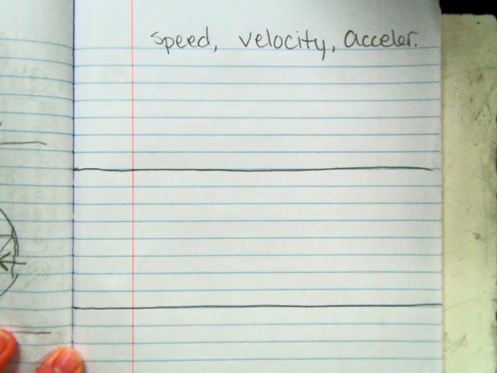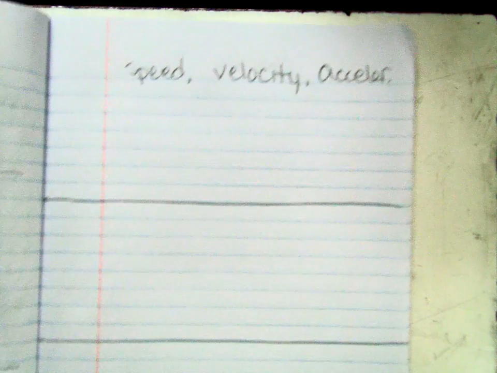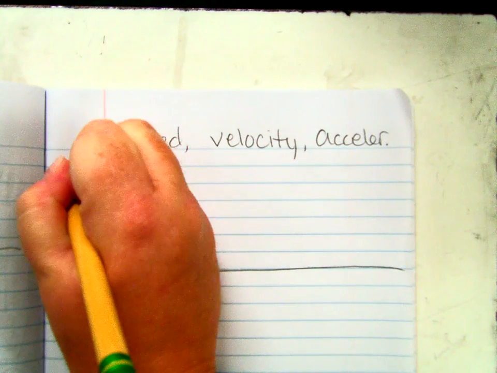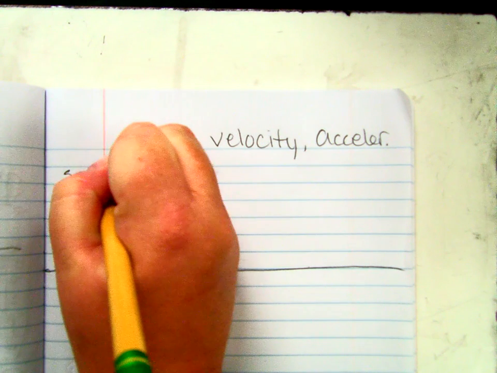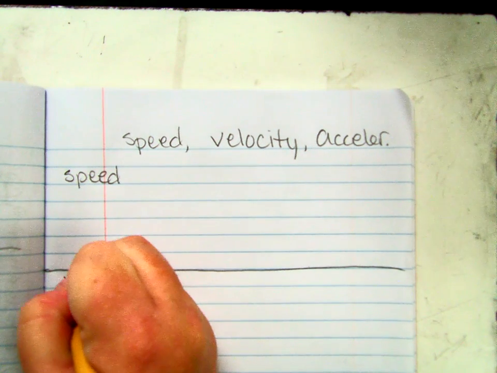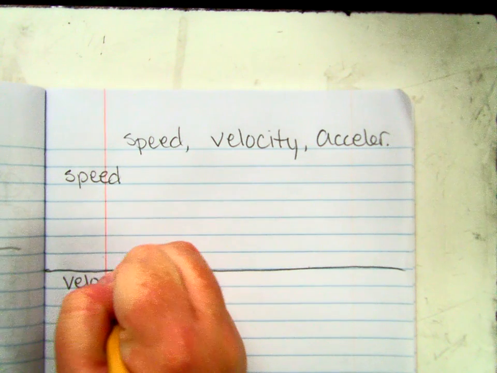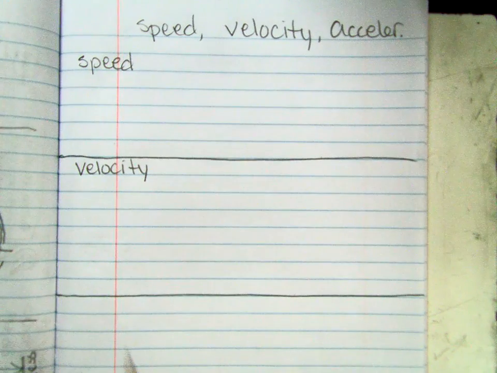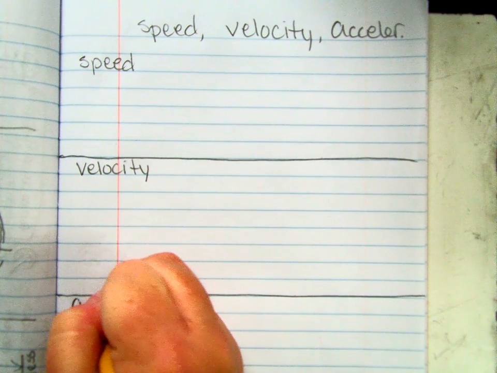Break it down into three groups. We are going to label the first section speed, the second section velocity, and the third section acceleration.